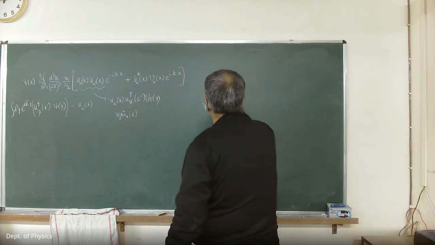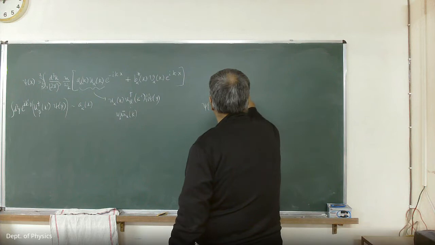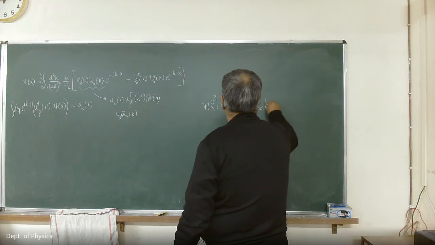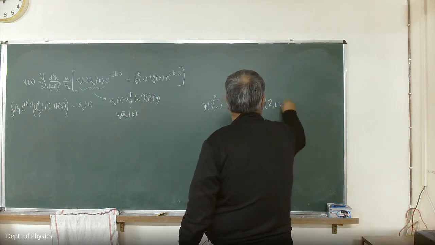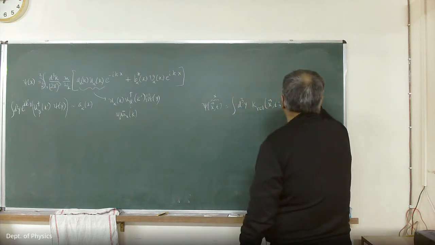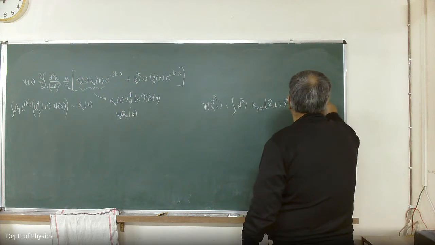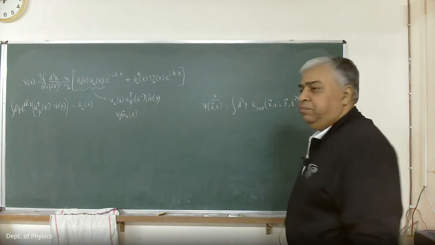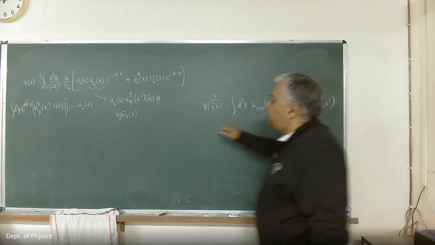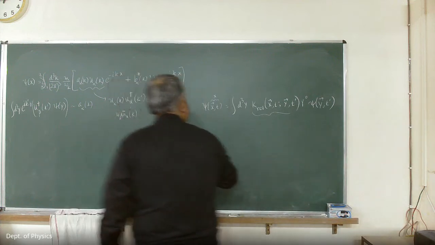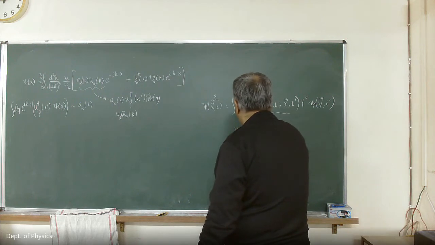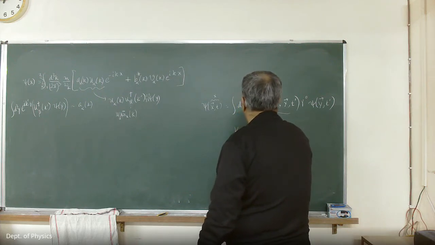So I write this as d3y K retarded, x t, y t prime, with gamma naught put with y t prime. This is my retarded propagator. So once I cast it in this form, I get a retarded propagator. To identify the retarded propagator, I should actually write this.